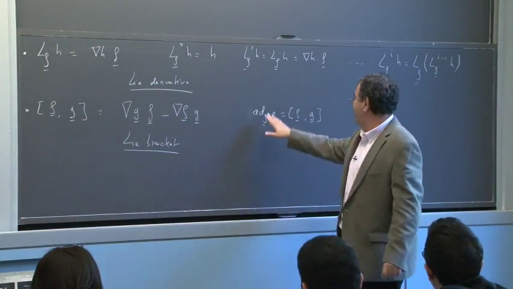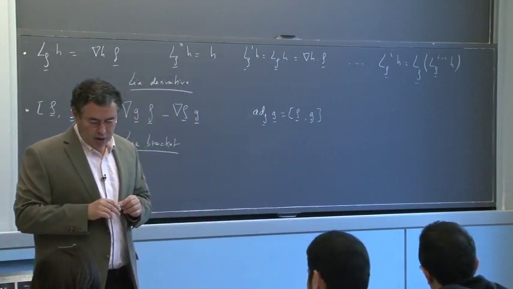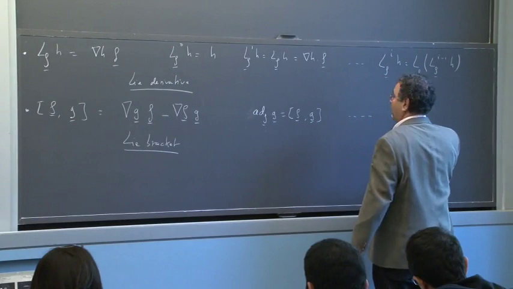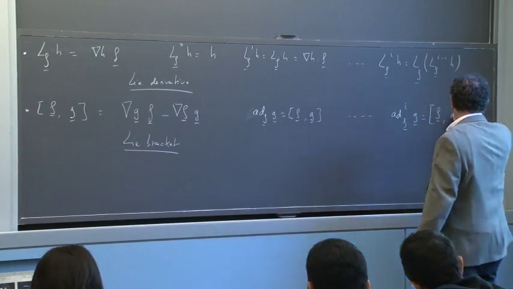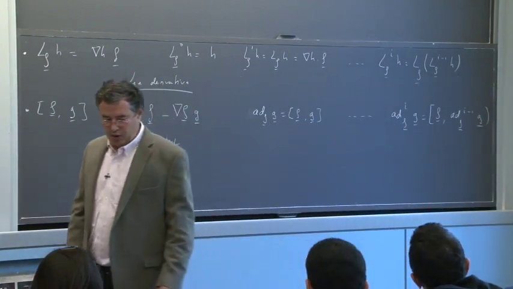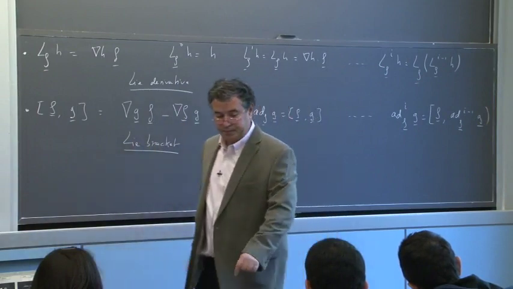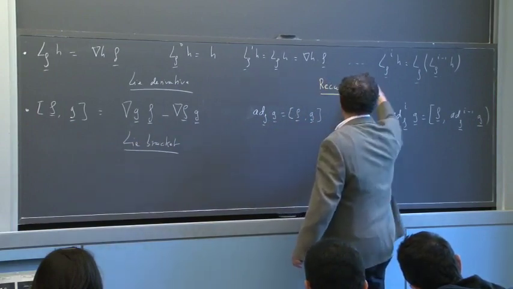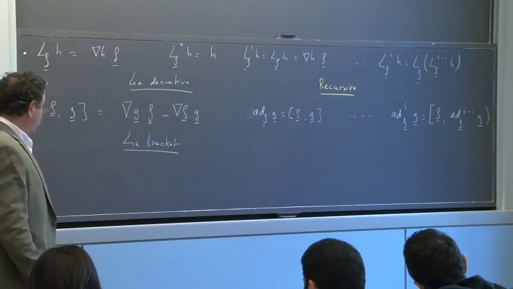If you wonder why it's called ad_f, the ad stands for adjoint, which again comes from the kind of tools you need in differential geometry. And the idea is that you can similarly do ad_f^i of g, which will be the Lie bracket of f with ad_f^(i-1) of g. So you can recursively define these Lie brackets using this notation: L_f^i and ad_f^i for these recursive Lie derivatives and Lie brackets.